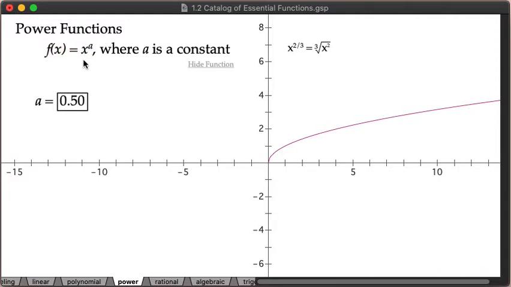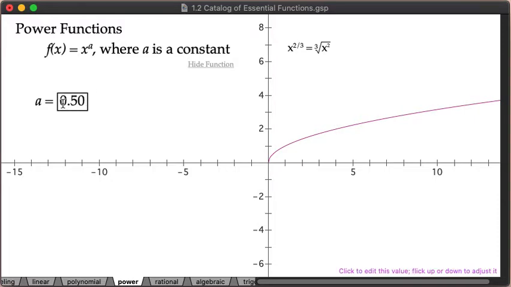It's a little bit tricky to call power functions one category of function. It does exist as one category for the sake of talking about differentiation. But for the sake of talking about properties of the function, it really breaks down into a lot of different things.